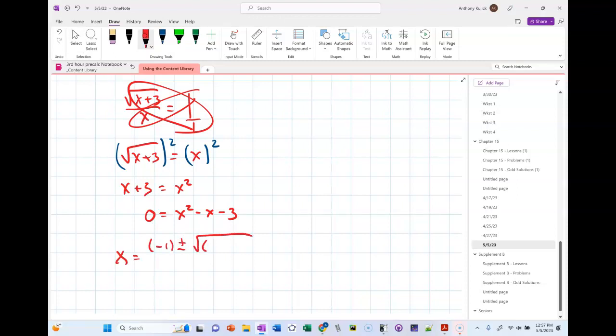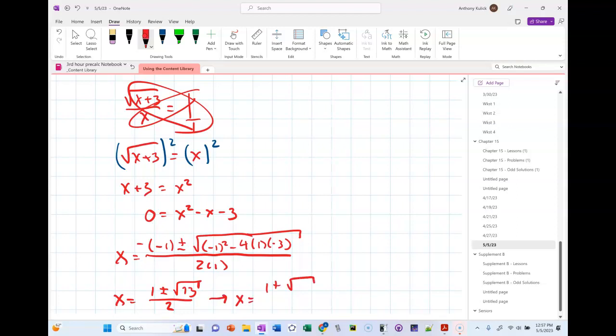So negative b plus or minus square root b squared minus 4ac, all over 2 times a. So I have -1 plus or minus, oops, I'm sorry, it should be +1, plus or minus square root of 1 minus a -12 is 13, over 2. So that's my answer.